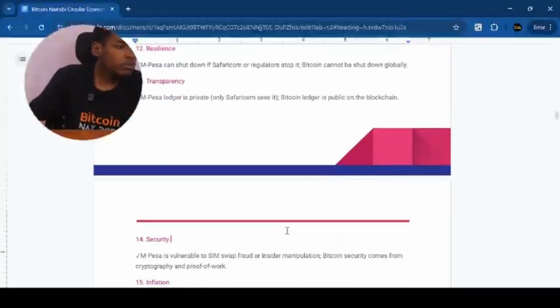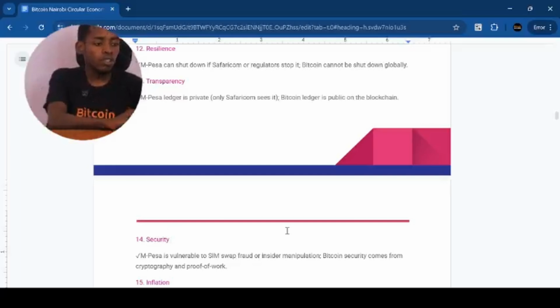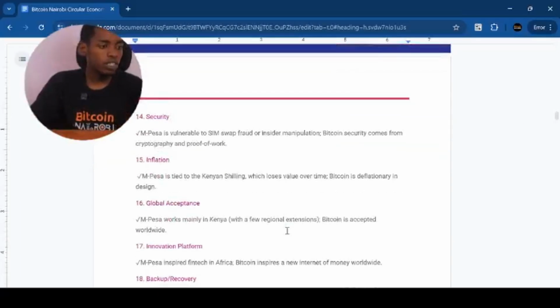So transparency. The M-PESA ledger is private. Only Safaricom sees it, but the Bitcoin ledger is public on the blockchain. Security: M-PESA is vulnerable to SIM swap, fraud, or insider manipulation, and in Bitcoin, security comes from cryptography and proof of work.